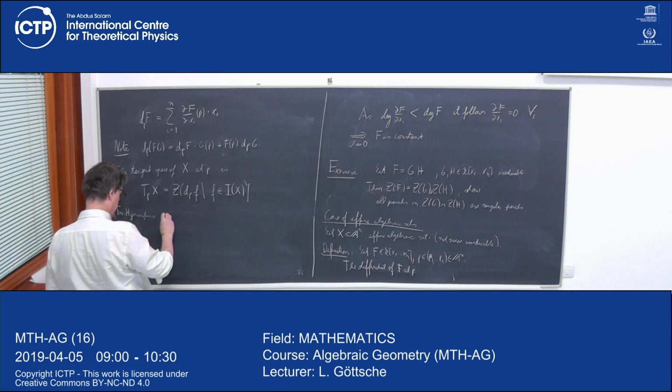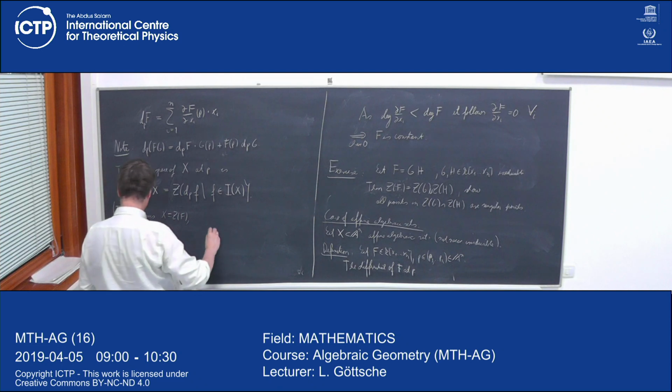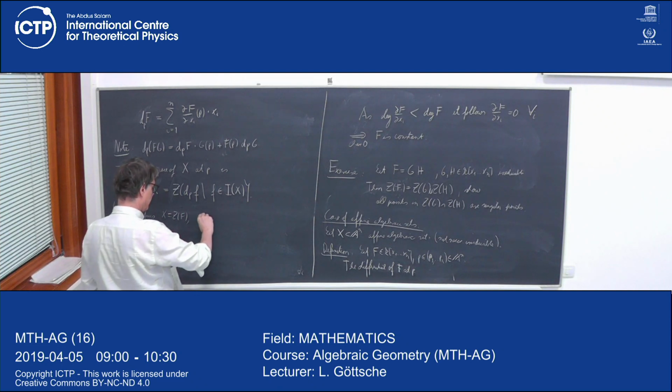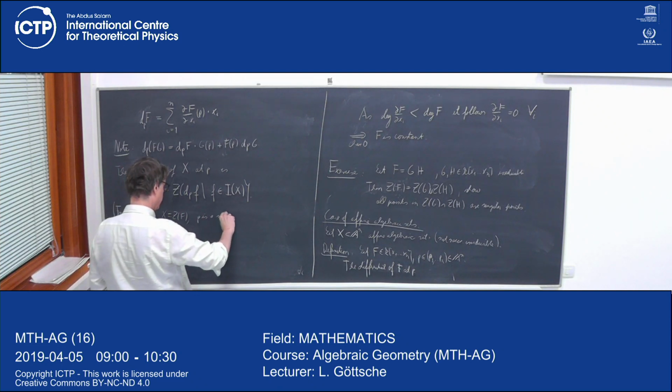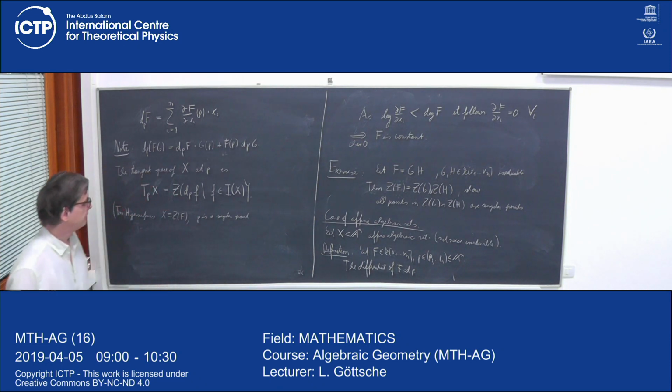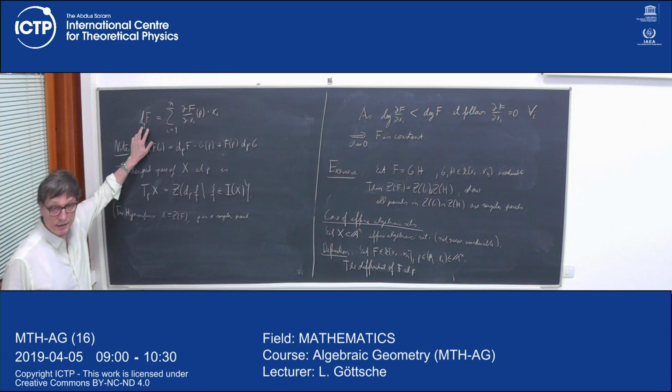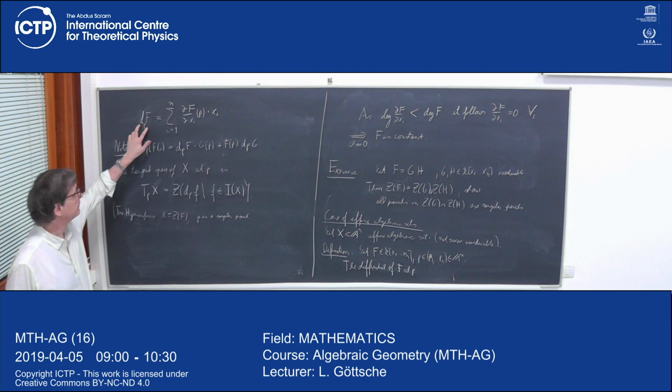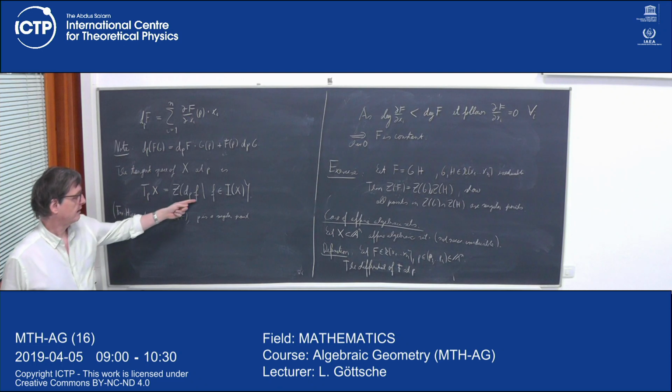We had said that X is the zero set of f, and we have that p is a singular point if and only if all partial derivatives are 0, which means if and only if the differential of f is 0, and the elements here are multiples of f, so the differential of this will also be 0.